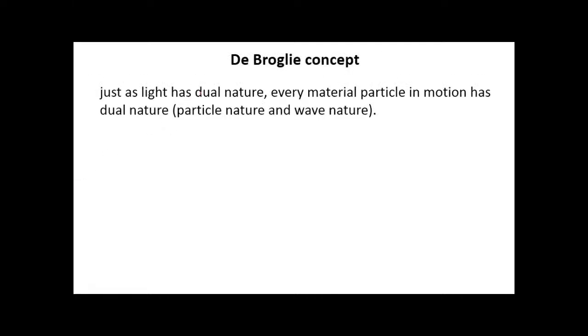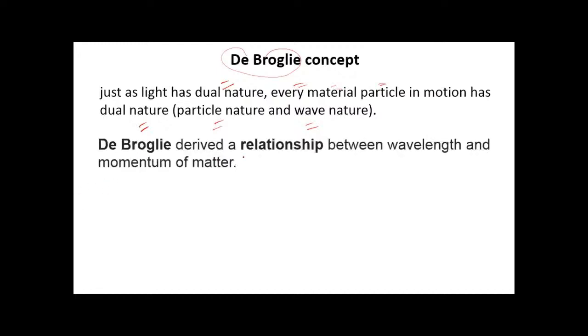According to de Broglie, just as light has dual nature, every material particle in motion has dual nature. It means every material particle has wave nature as well as particle nature. De Broglie derived a relationship between the wavelength and momentum of matter.